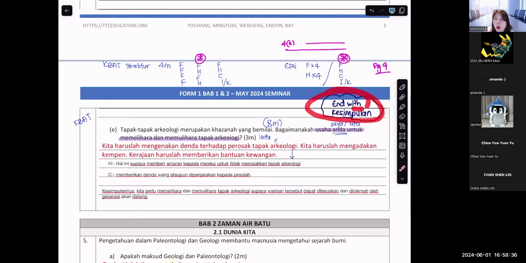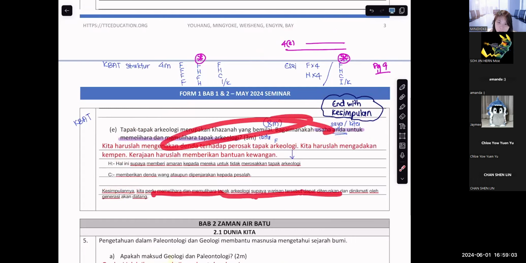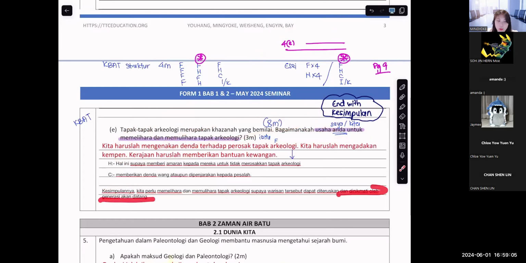Even though you may say kesimpulan has no marks, no. But if you don't write it, your teacher may minus 1 mark from you. Kesimpulan is just according to the soalan, like a summary. You all wrote summary before, right? Ringkasan. So you can write: kesimpulannya kita perlu memelihara dan memulihara tapak arkeologi supaya warisan tersebut dapat diteruskan dan dinikmati oleh generasi akan datang. Like that.